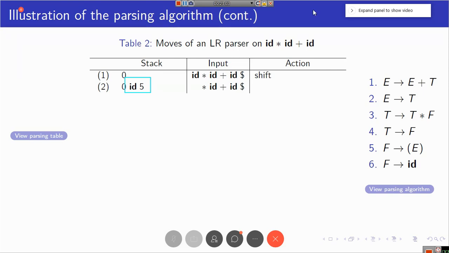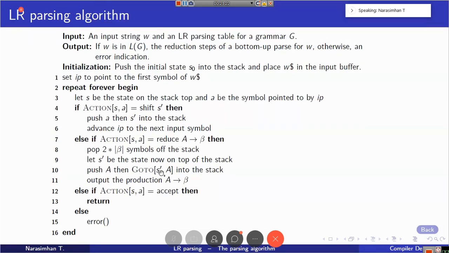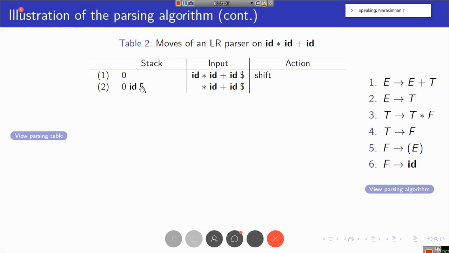So once you have popped, let S dash be the state symbol on the top of the stack. What you need to do? You just check what is goto S dash A. Okay, what is A? Left hand side of the production rule. Once you find the goto entry, you push both A, the left hand side, and also the goto entry into the stack. You have to do that. So ID and 5 were popped.